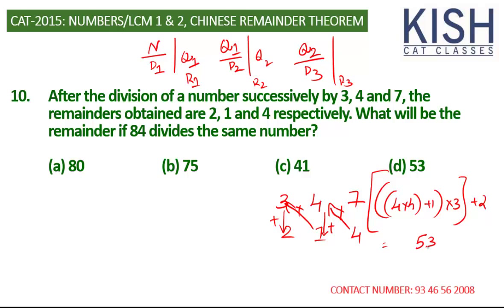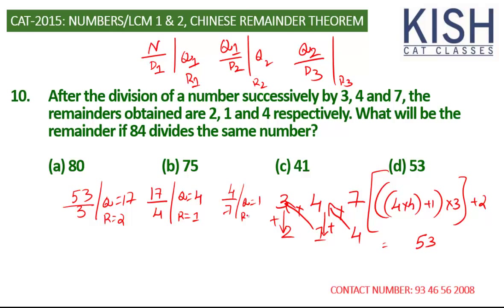If 53 is divided by 3, we get quotient as 17 and remainder as 2. Now when 17 is divided by 4, we get quotient as 4 and remainder as 1. And now 4 is divided by 7, we get quotient as 1 and remainder is 4. That's what we have done.